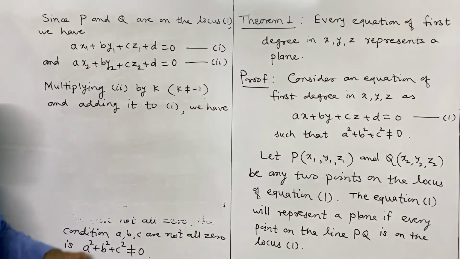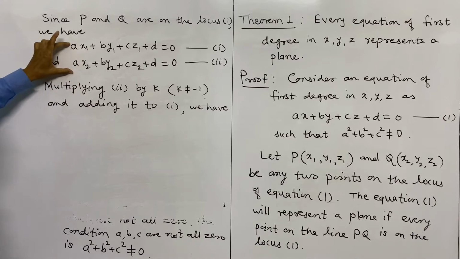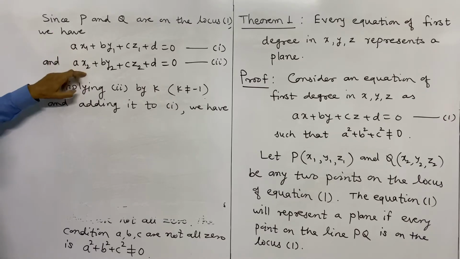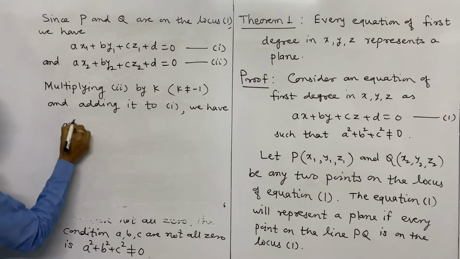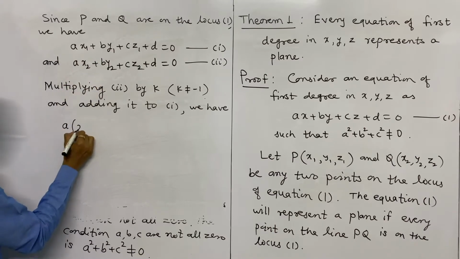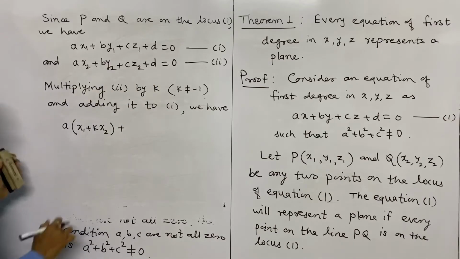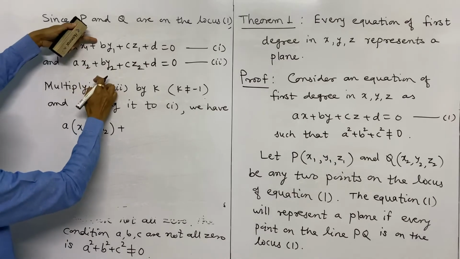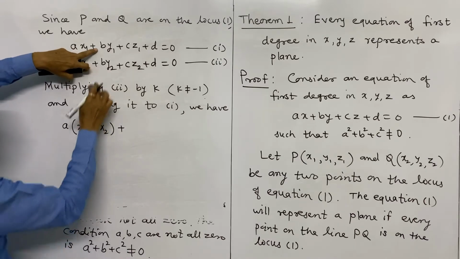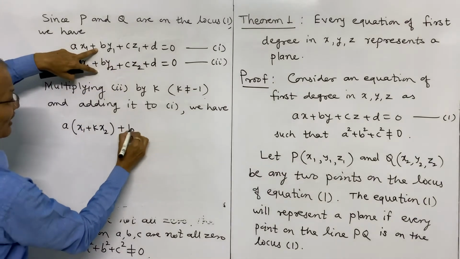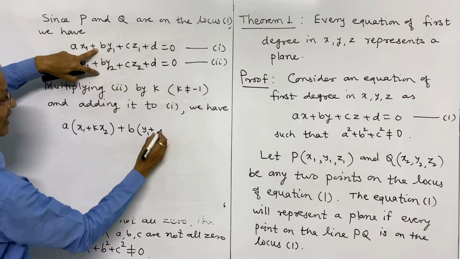Now this is a simple arithmetic calculation. You see, we have to multiply this by k and add this. So that will be a x1 plus k a x2. A is common, and we will have a in bracket x1 plus k x2, because we are multiplying this by k and then adding it to the first equation. Now the second term in the addition: b is common, and in bracket what remains is y1 plus k y2.